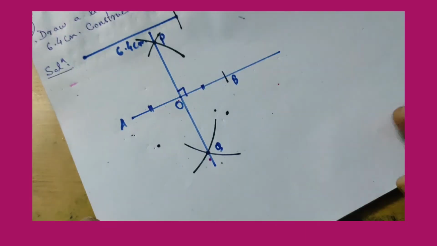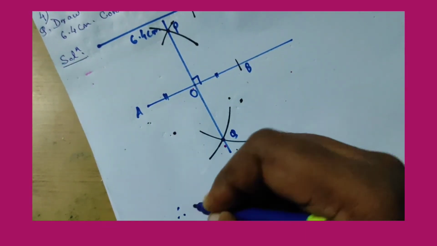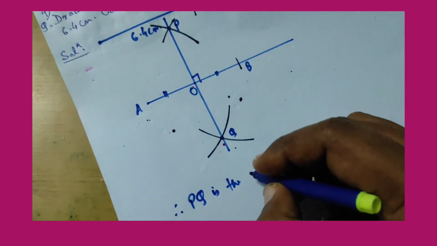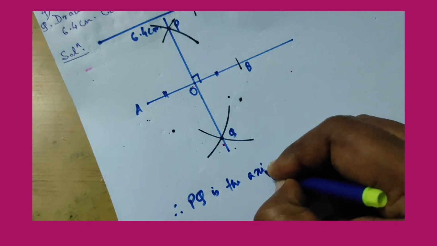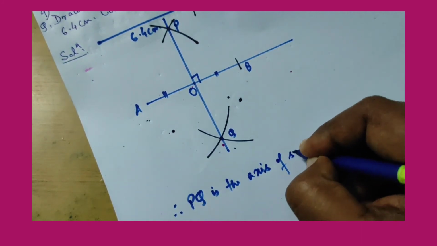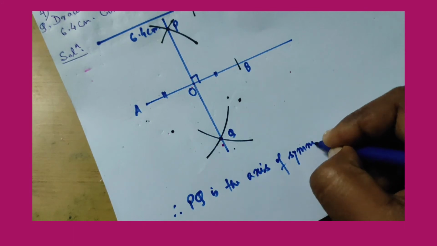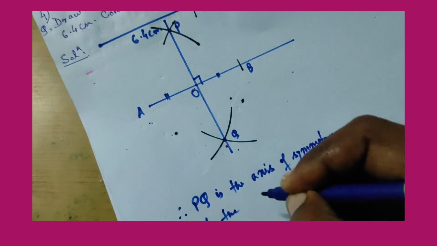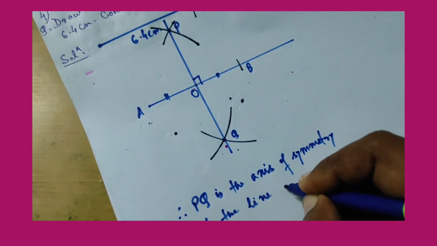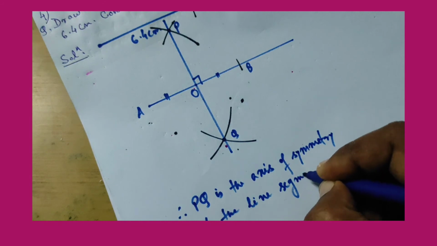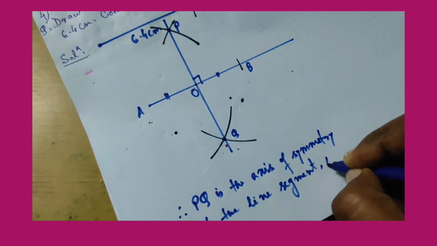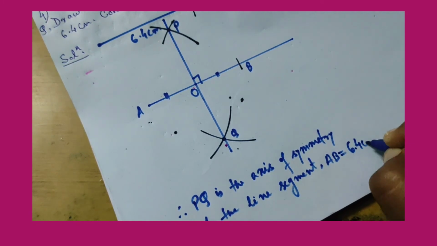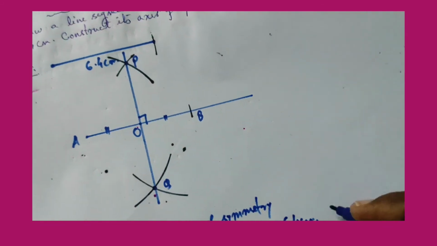Okay, now finally we will write down the statement. Therefore, PQ is the axis of symmetry of the line segment AB equal to 6.4 centimeter.